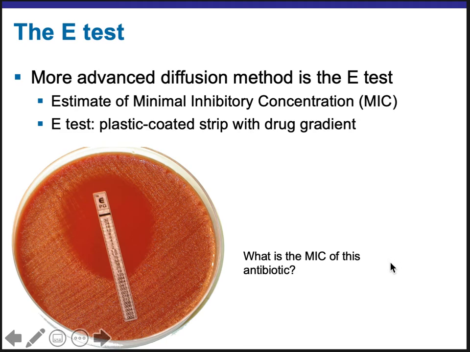Okay, so for the E-test, this is a slightly more advanced diffusion method where you're just looking at a single drug. You'll see along the strip, you go from being the most concentrated to being more and more diluted.